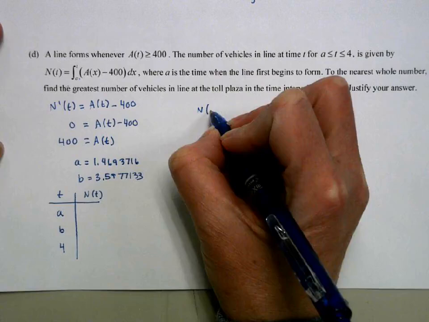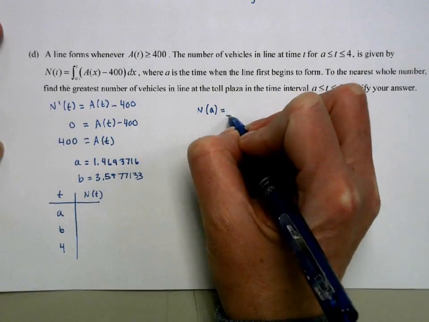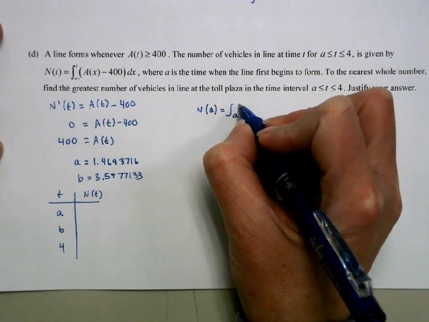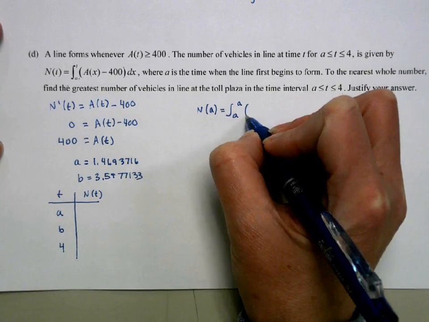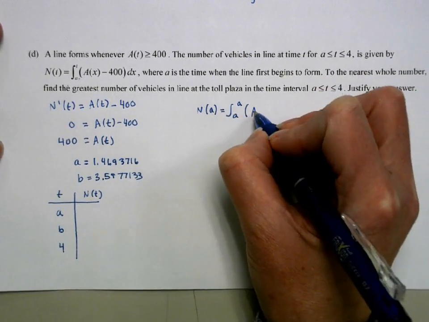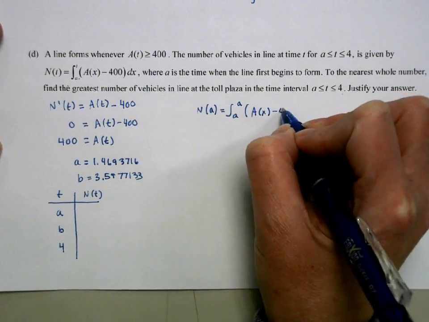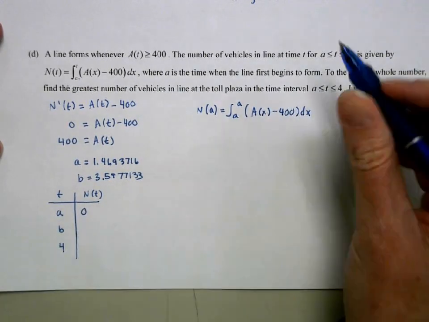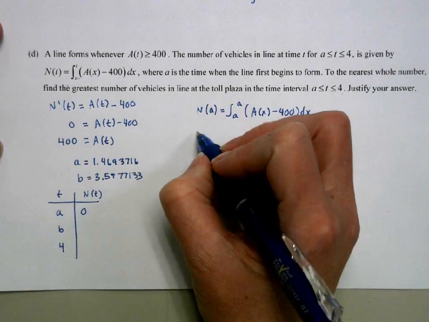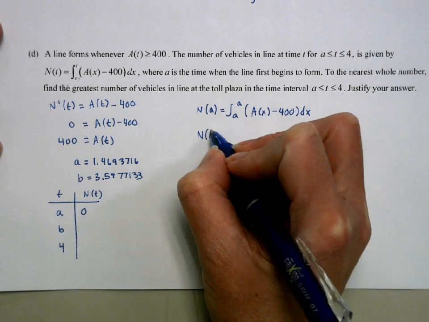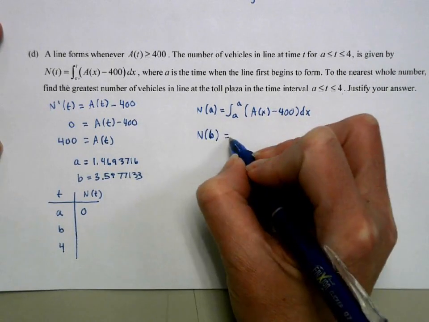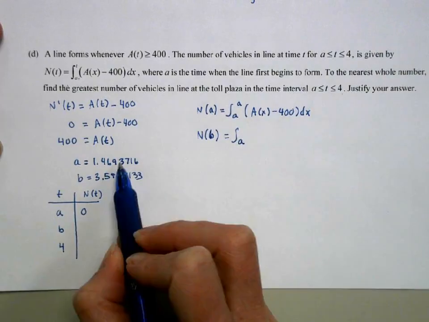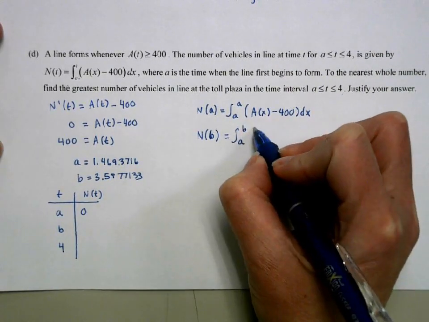Okay, if I plug in n of A, we have the integral from A to A. It doesn't really matter what I'm integrating here, because the integral from A to A is just going to be 0. Now we're going to do n of b, which will be the integral from my a value to my b value of our function.